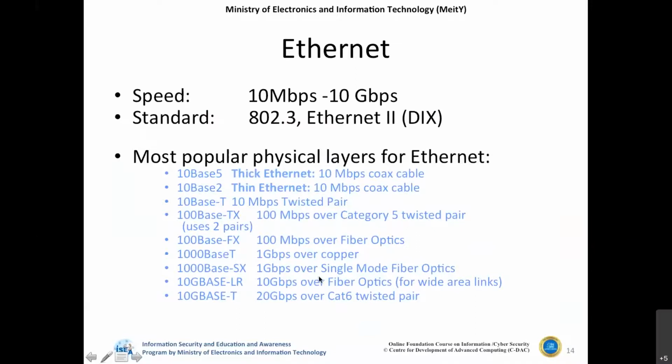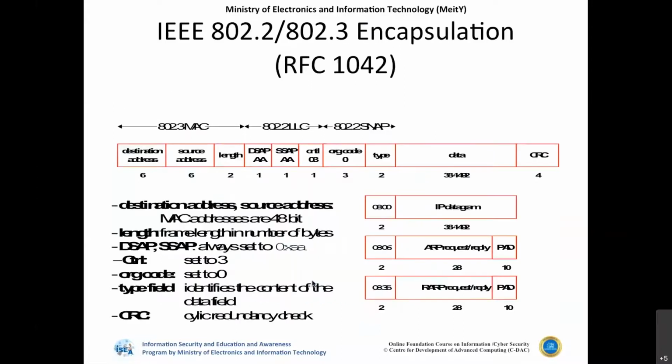If you have fiber optics within your organization across buildings, it would be 100BaseFX, or 1000BaseSX for 1 Gbps. So these are some of the physical layers of Ethernet, and this 802.2 and 802.3 encapsulation is required.